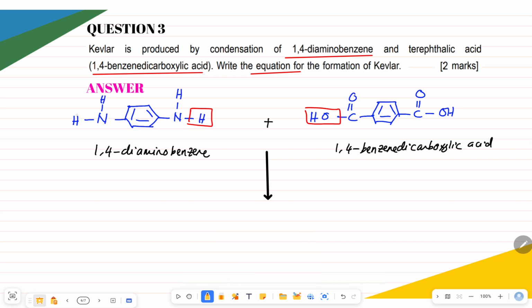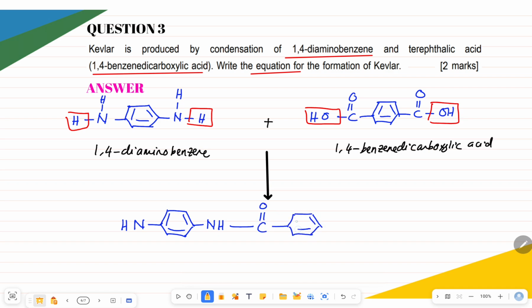And both processes are going to happen left and right side. So this will be from the left, benzene and H. This one also going to be only NH. Then this NH connects with C double bond O, another benzene, and then C double bond O.